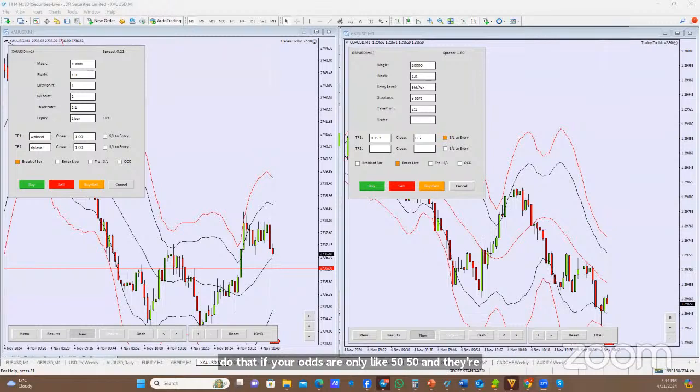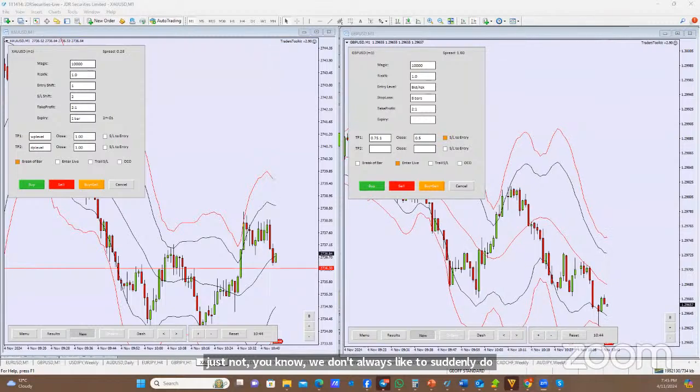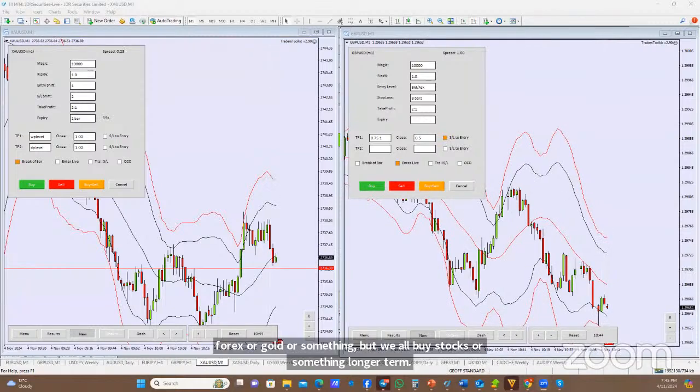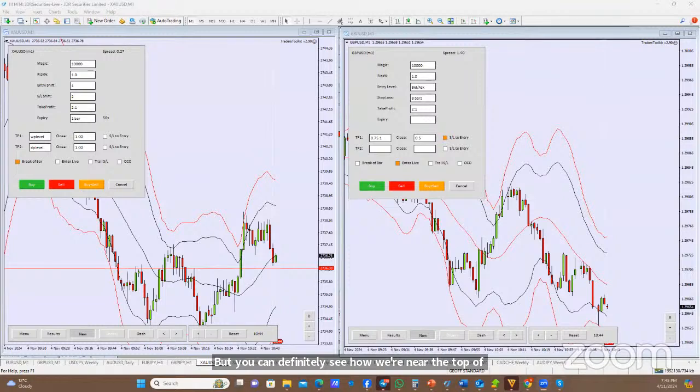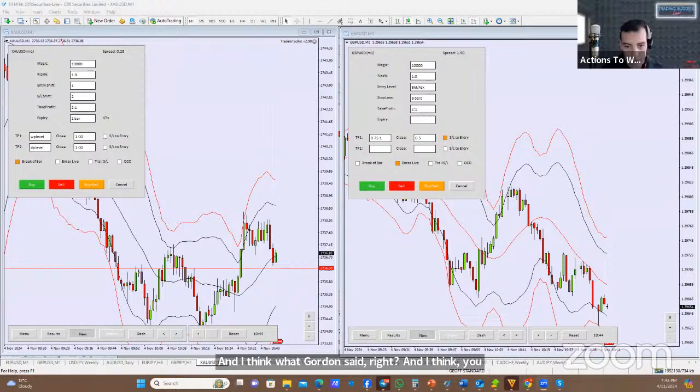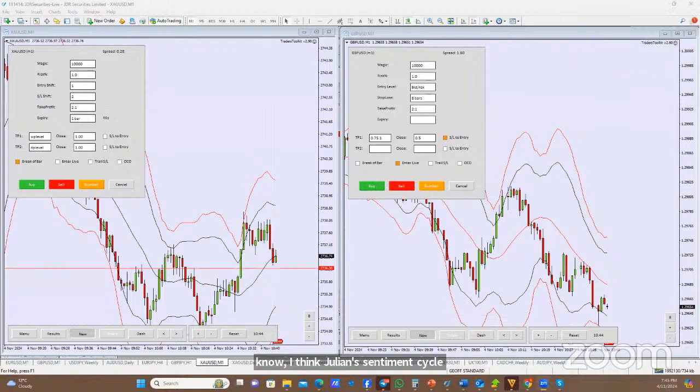But if you look at a longer term, we don't always only do Forex or gold, we all buy stocks or something longer term. You can definitely see we're near the top of the market. Well, we're probably at the top of the market. I think that's what Gordon said, and Julian's sentiment cycle. It could be a subtle warning right now because we've broken the 50 MA.